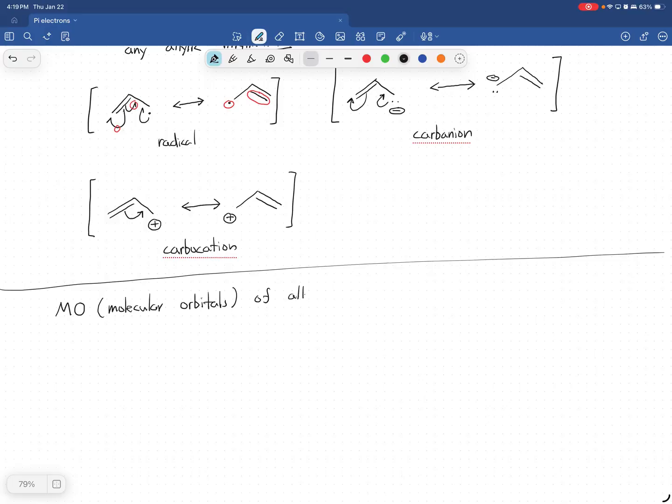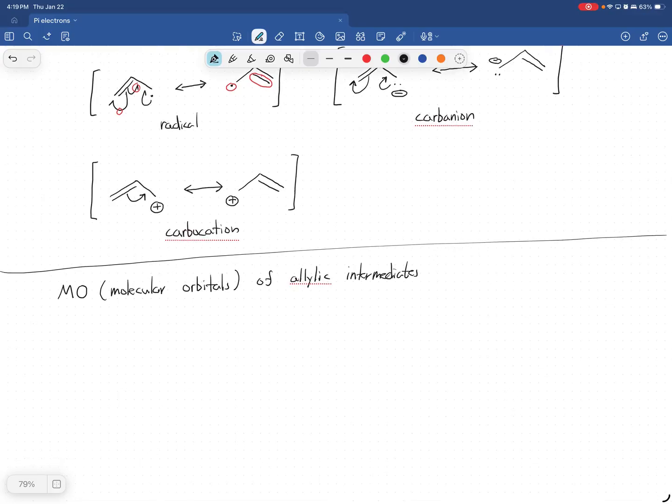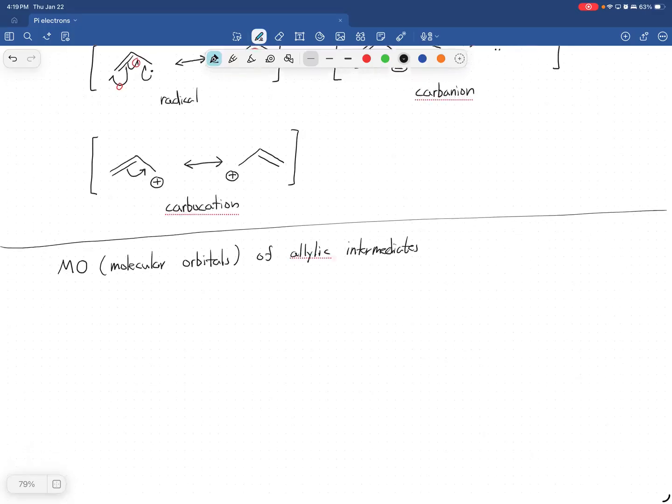Allylic intermediates. All right, so as we progress into higher chemistry classes, it becomes necessary to talk about MO theory because it explains a lot of things we see in reactions.